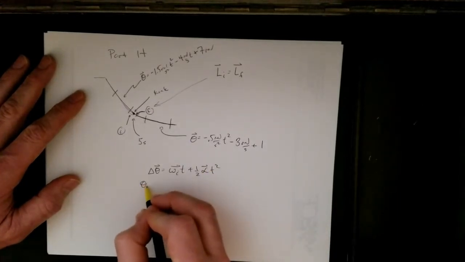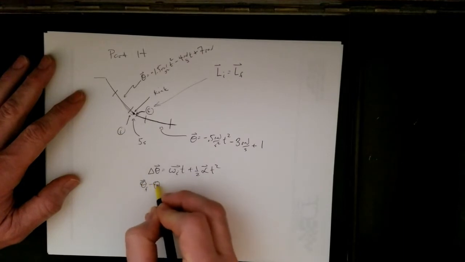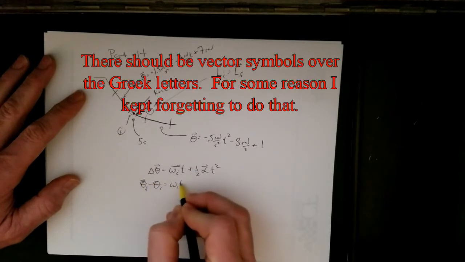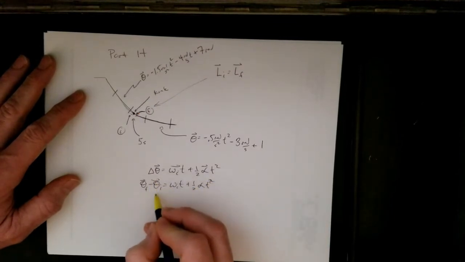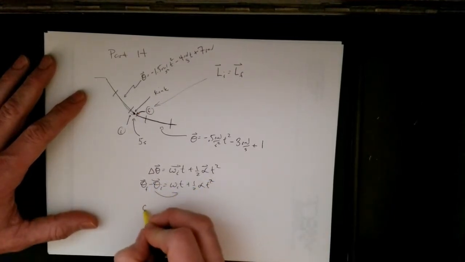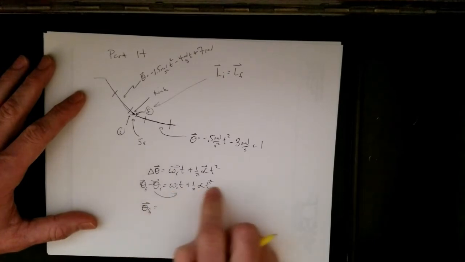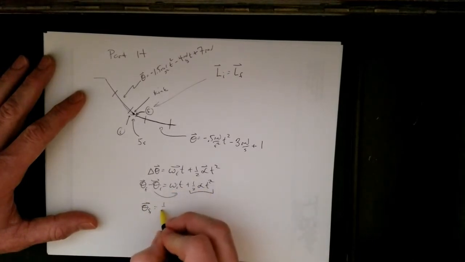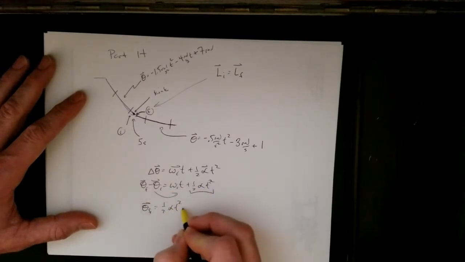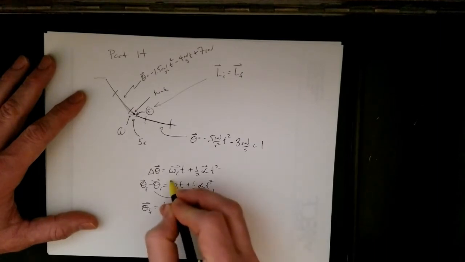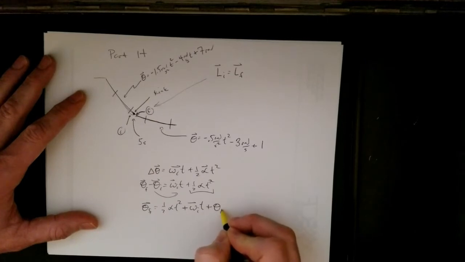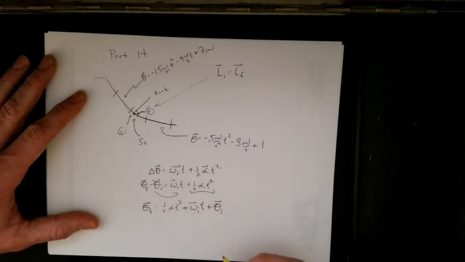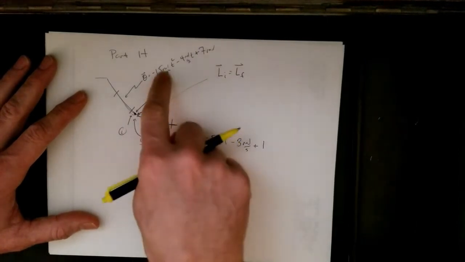So this is theta final minus theta initial is equal to omega I t plus 1/2 alpha t squared. If I bring theta initial over to the other side, I have theta final equals, and I'm just going to change the order around, 1/2 alpha t squared plus omega I t plus theta initial. So this is the format that we're looking at right here.